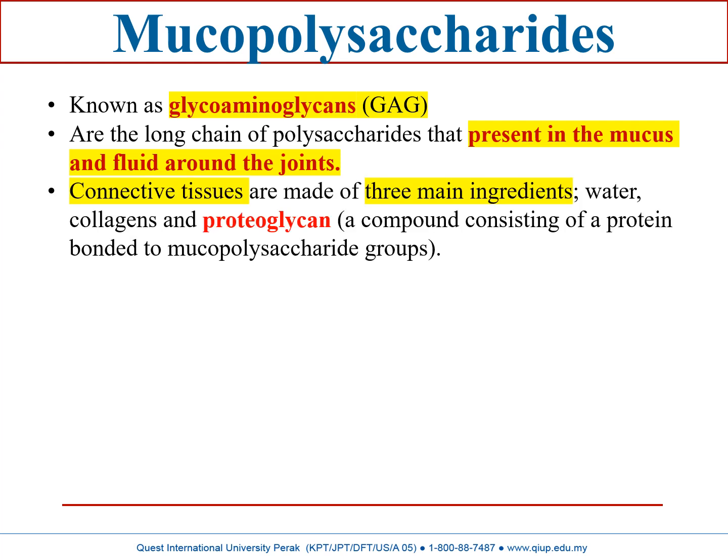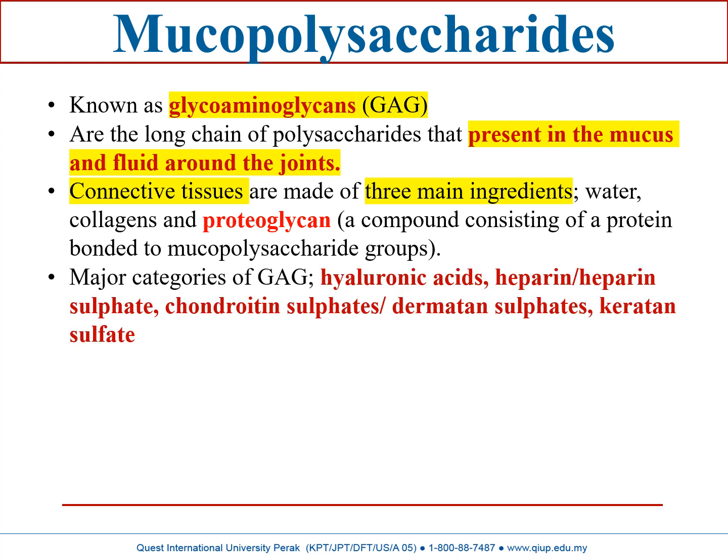And also connective tissues such as ligament and tendon can be formed by using these three ingredients: water, collagen, and proteoglycan, a compound consisting of protein bonded to mucopolysaccharide group. So the proteoglycan is the one having the GAG, and combined they form connective tissue.